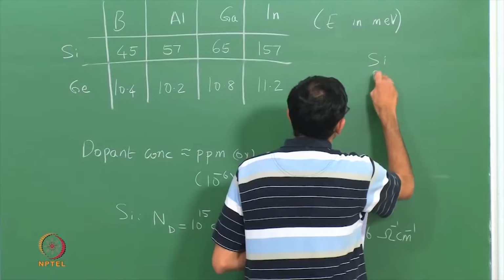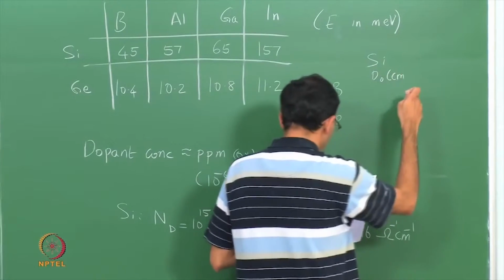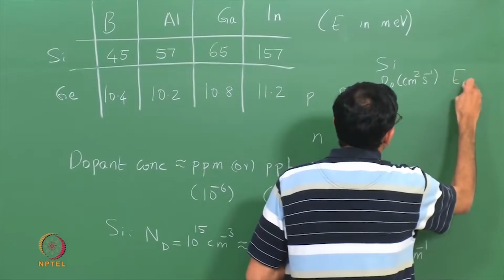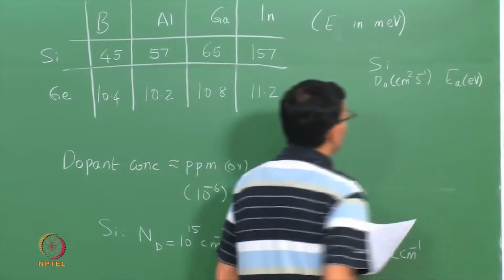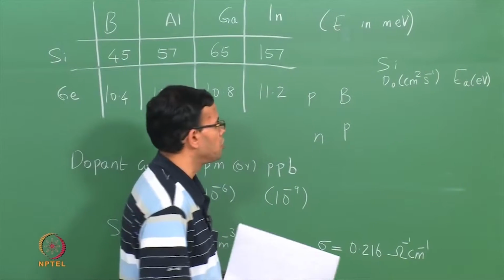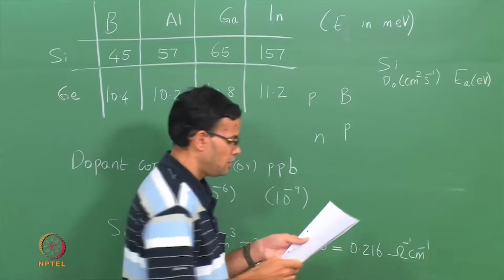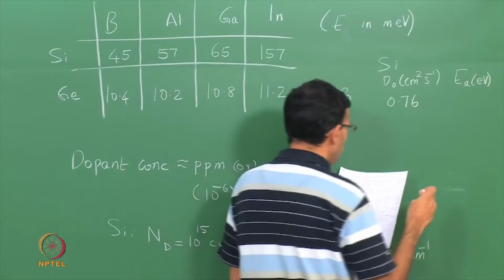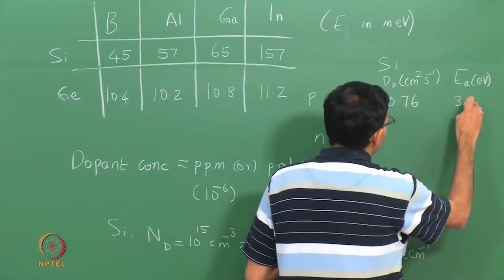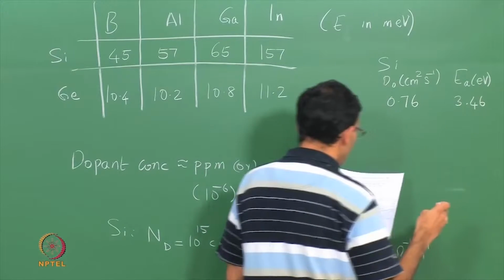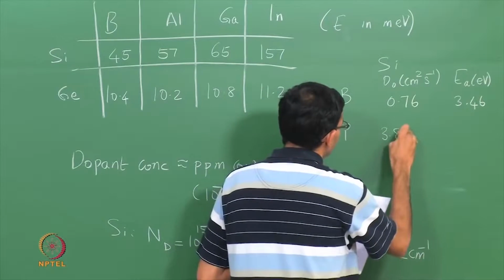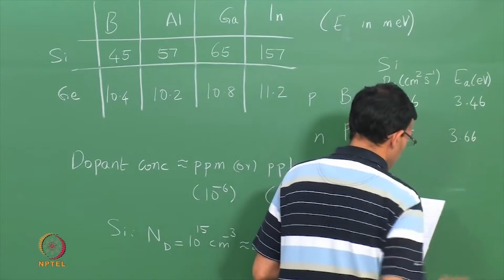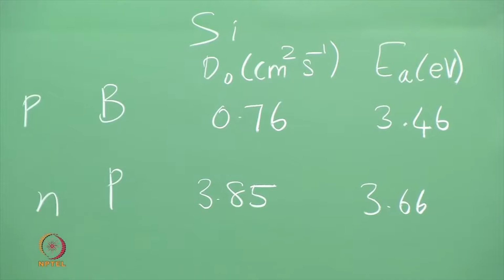If I write D naught and EA, EA is the activation energy for diffusion and D naught is your diffusion constant. In the case of boron, D naught has a value of around 0.76, activation energy is around 3.5 electron volts. Phosphorus is 3.85, EA is around 3.6 electron volts.